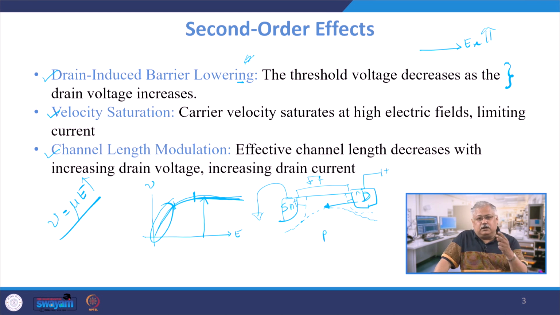Why is velocity constant? Because there are two phenomena happening. One is that by virtue of the electric field, these electrons are pulled towards the drain end. But when they are pulled towards the drain end, they also suffer a larger number of scatterings. When the scattering and the electric field induced forward velocity become equal, the velocity becomes constant.